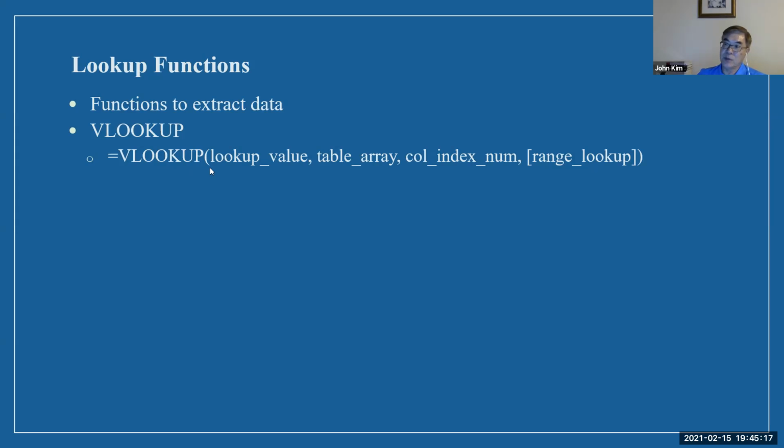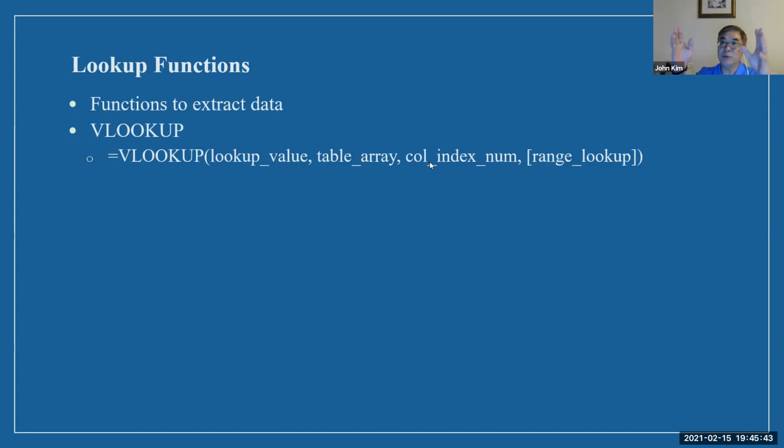VLOOKUP function: lookup value, like a target cell, and then table array. This one we can say is the lookup table. So lookup value, lookup table, and then column index.